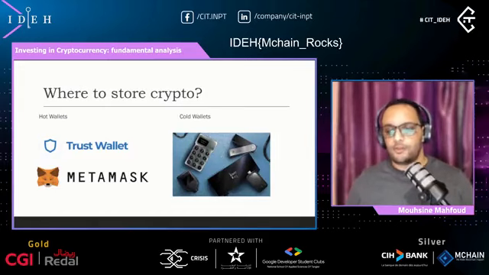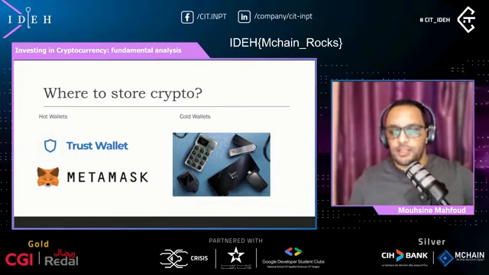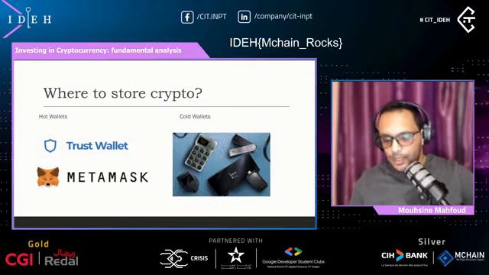As in the previous talks by my colleagues, we know that for cryptocurrency we need a wallet. A wallet is just a key pair of cryptographic keys, asymmetric keys, if we can describe it like this. You will need a wallet to hold your coins.